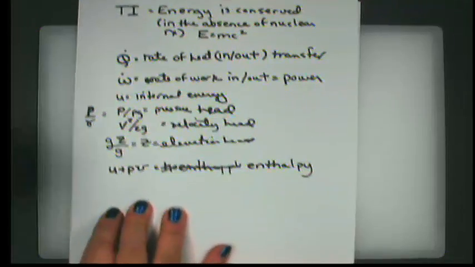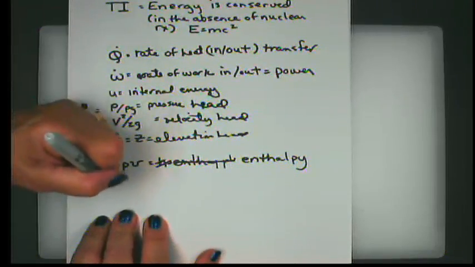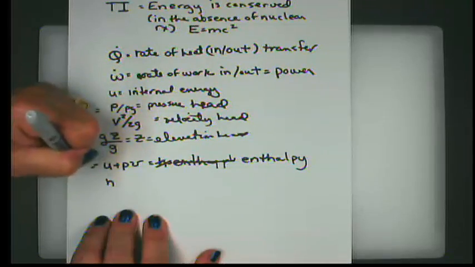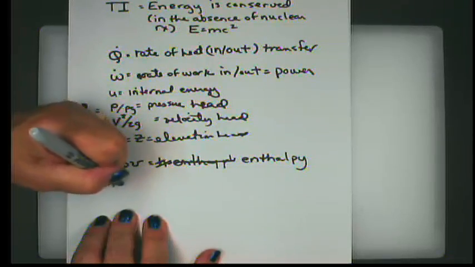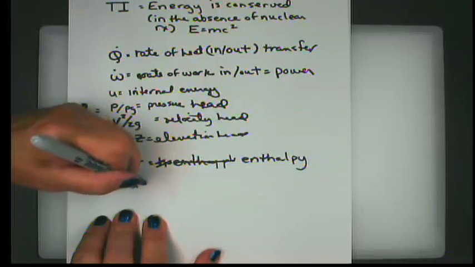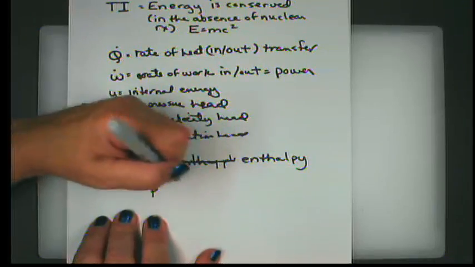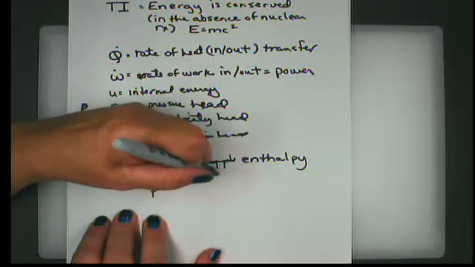And so we refer to that as little h. Little h is equal to u plus P over rho in a different set of units, okay?